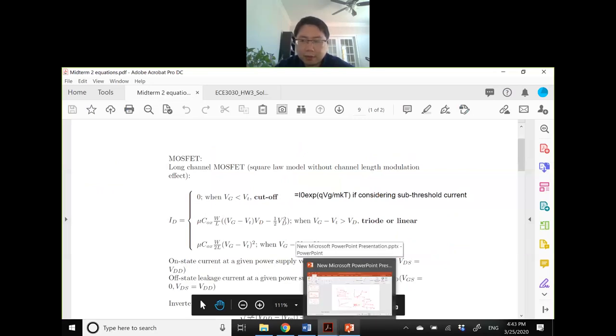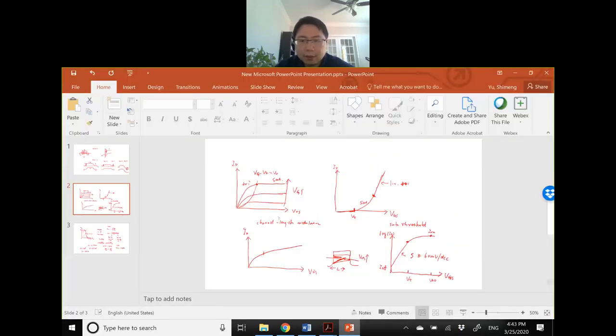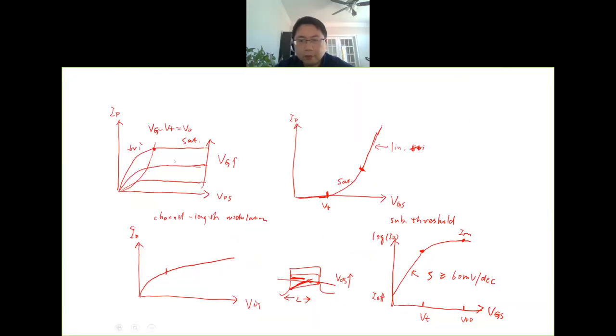But if we consider some second order effects, then we can do some modification of these plots. So one of the second order effect is this so-called channel length modulation effect, which basically says that after you reach the saturation region, still the current will further increase with the drain voltage.